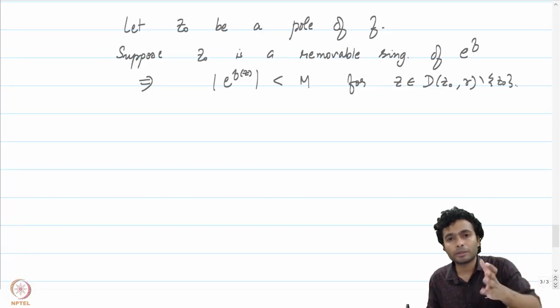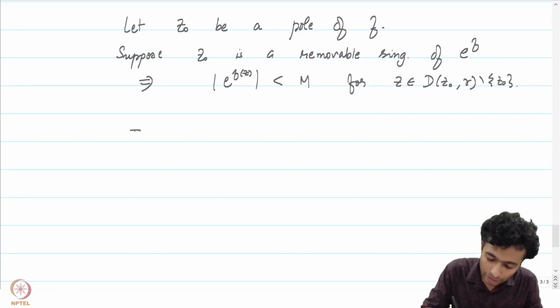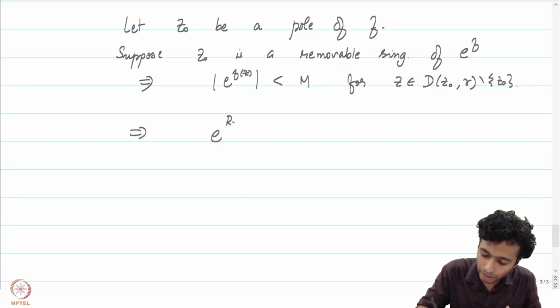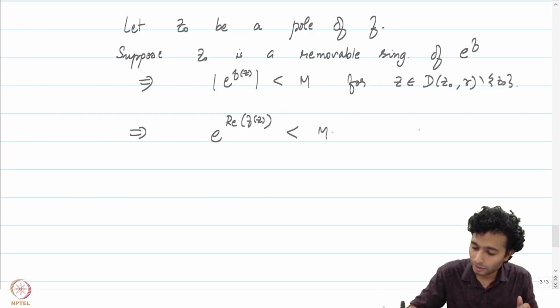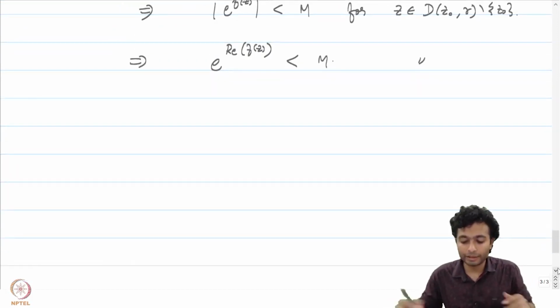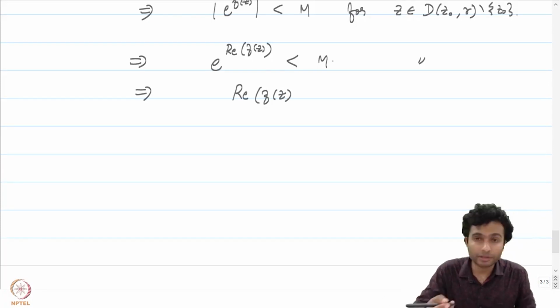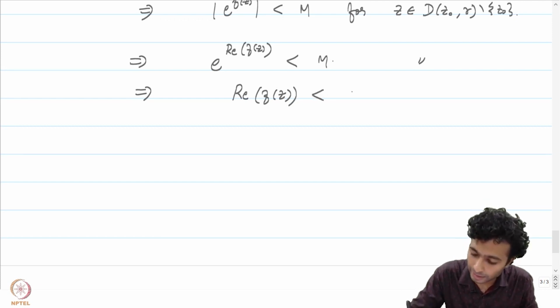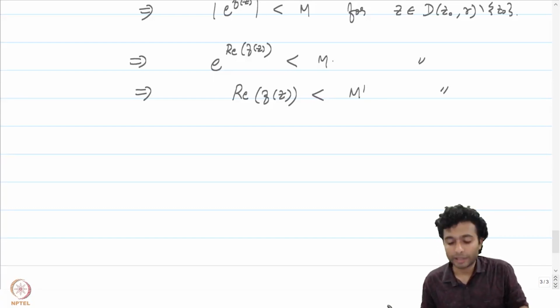That's going to be equal to e to the power a, which is e to the power the real part of w. So this means that e to the power the real part of f of z is less than m. Now these are real numbers, and by taking the logarithm we conclude that the real part of f of z, remember that m is some positive number here, is less than some m prime for all z in D(z0, r) minus z0.